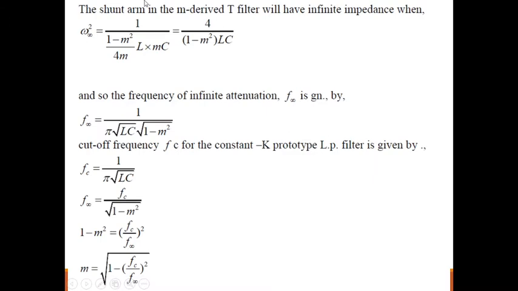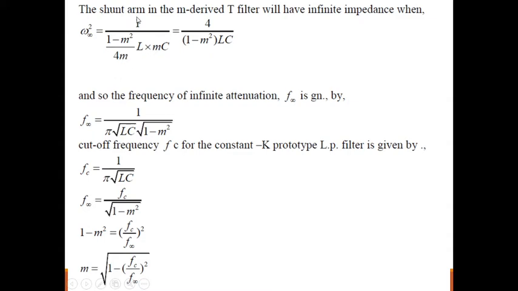So we can consider the M derived T filters to have impedance when omega square is infinite, it should be equal to 1 divided by 1 minus M square by 4M L into M C. Here the M gets cancelled, and the third numerator will come.